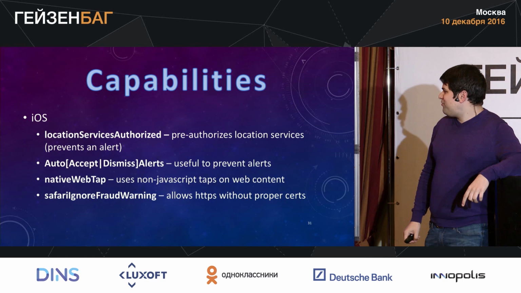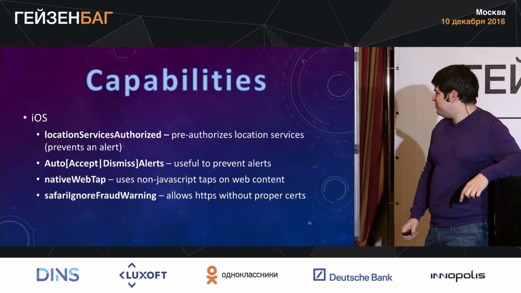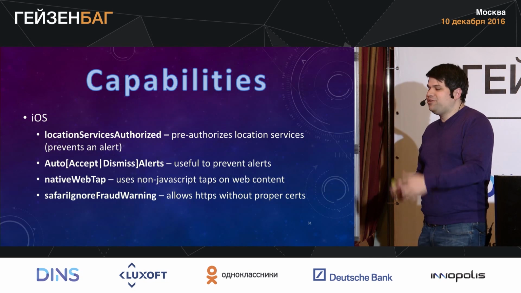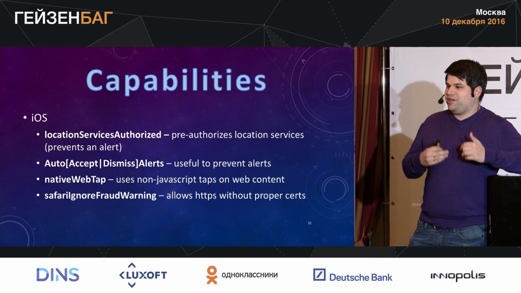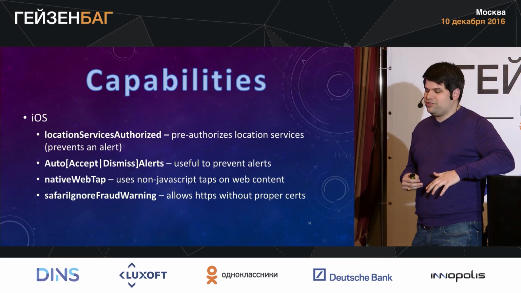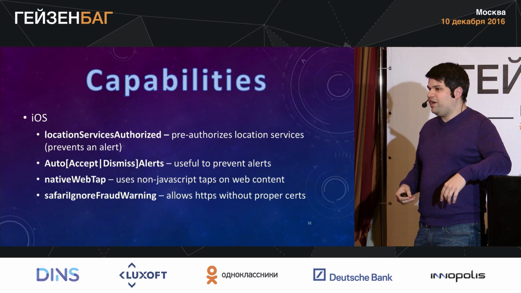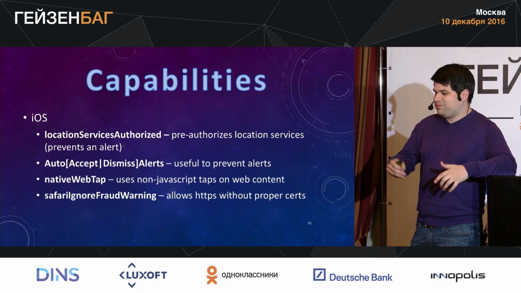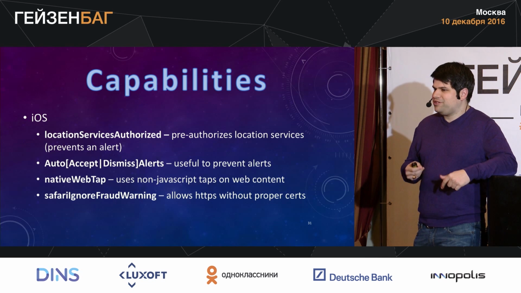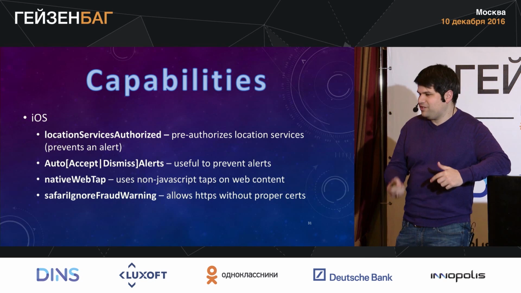The Safari ignore fraud warning, believe it or not, this is actually quite useful. With the increased importance of SSL and HTTPS that's been put on us by Google, who now will rank your page lower and all sorts of things if it's non-SSL, a lot of people run their code in SSL with improper certificates. It really doesn't make sense for all of your test environments to go pay the money and buy a certificate and set it up.